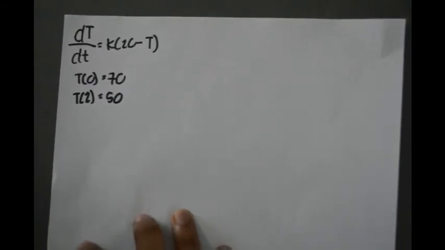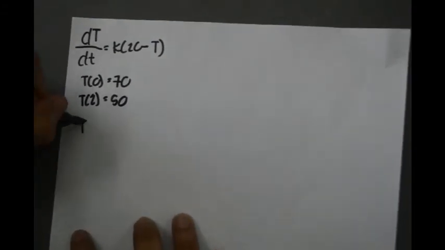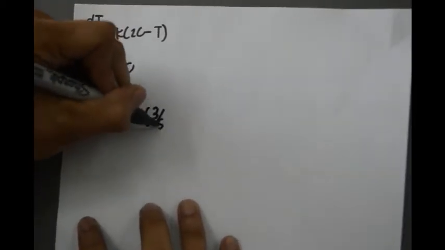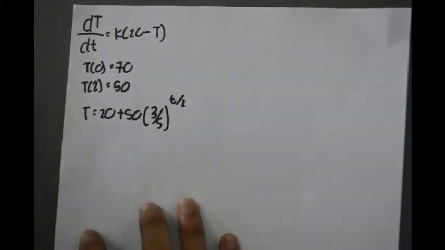The solution of this boundary value problem, from the work done in problem number 1 above, is T = 20 + 50 (3/5)^(t/2).